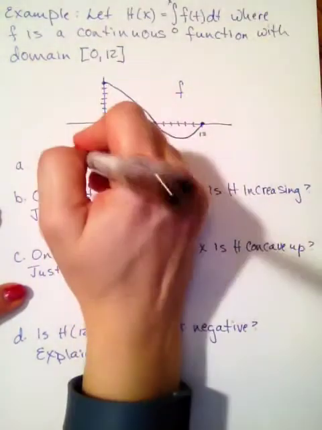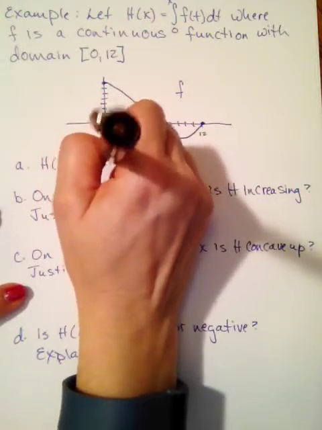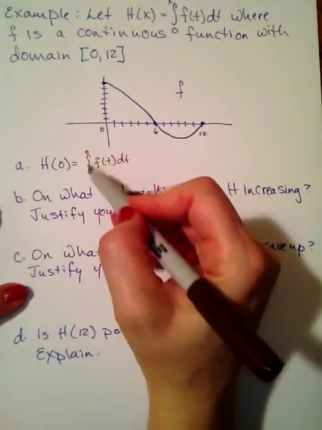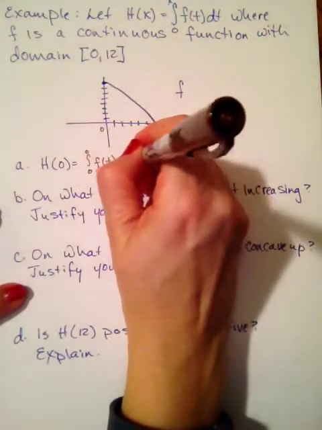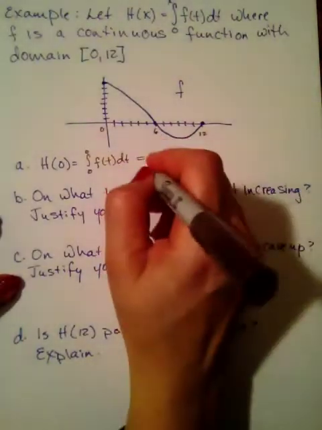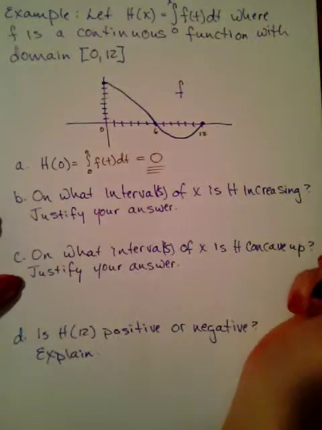So does this. So this is the integral from 0 to 0 of f of t dt. Well, this area has no width, so there is no area, and h of 0 is 0. So they're actually giving you a point on the graph of the original function h.